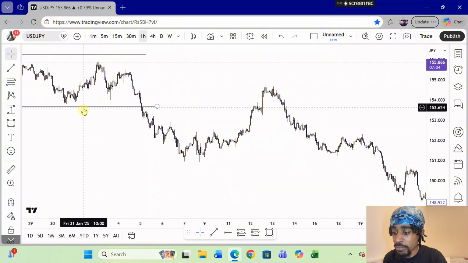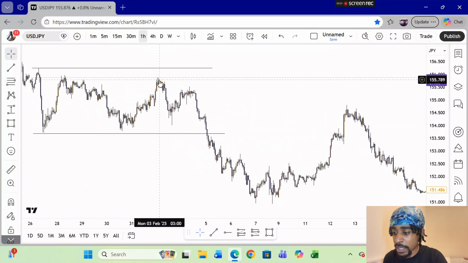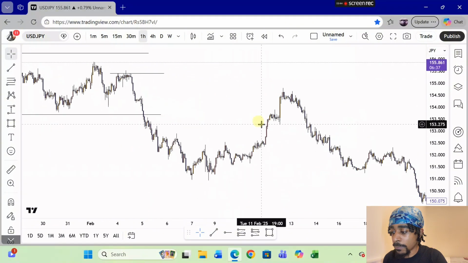But just before we break out, notice what we do, guys. We push higher, again equal to that high. Push lower, pretty much equal to that low. We then create a lower low that is lower than this low, and a lower high that is lower than this high and lower than that high. So we have a lower high right here. And after that lower high, price pushes all the way down to create a lower low.